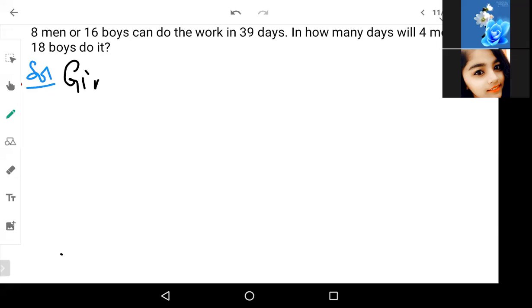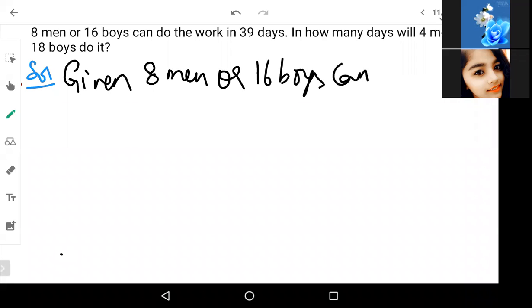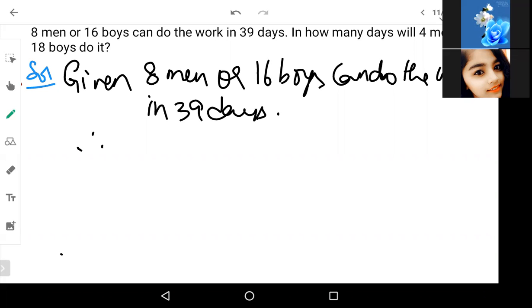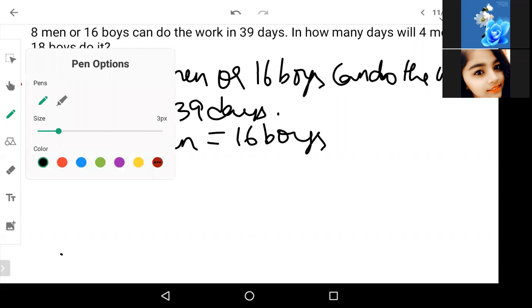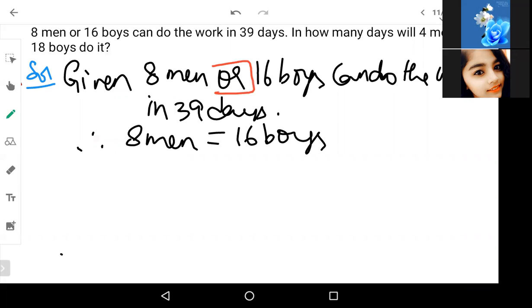Given: 8 men or 16 boys can do the work in 39 days. Therefore, 8 men is equal to 16 boys. You can highlight this in a different color if you have.